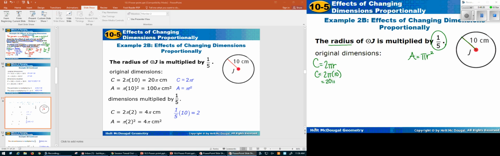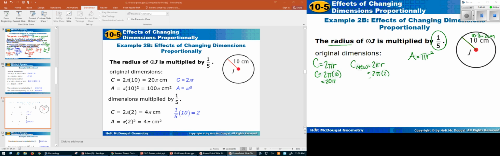20 pi. Okay, now we're going to go and find the new circumference. We're going to take the radius and what are we going to do to it? Multiply it by 1/5. So what is 10 times 1/5? 2 centimeters. So now our radius is only 2 centimeters.